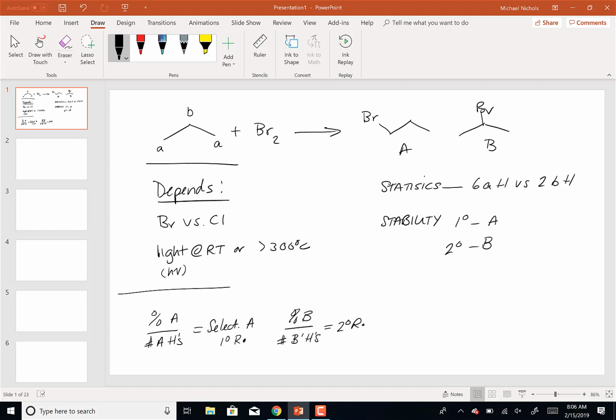So the rate of forming the secondary radical over the rate of forming the primary radical is equal to the percentage of product B divided by the number of B hydrogens, over the percentage of product A divided by the number of A hydrogens.